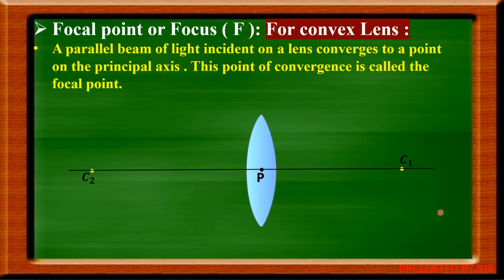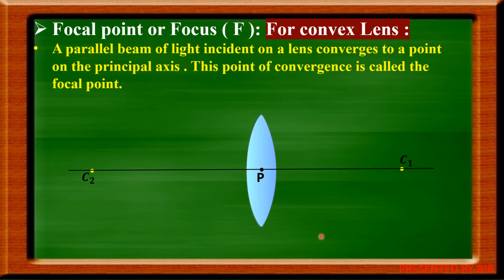Imagine that some parallel rays are coming, parallel to the principal axis, and falling on the lens here. So a parallel beam of light is incident on the convex lens here.